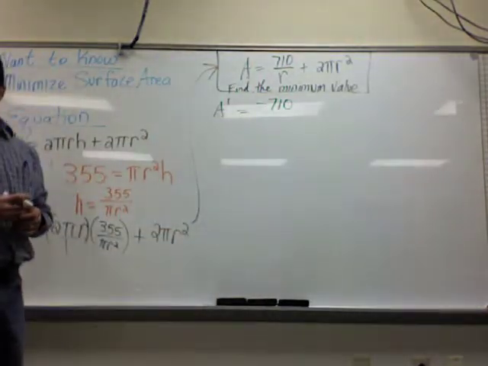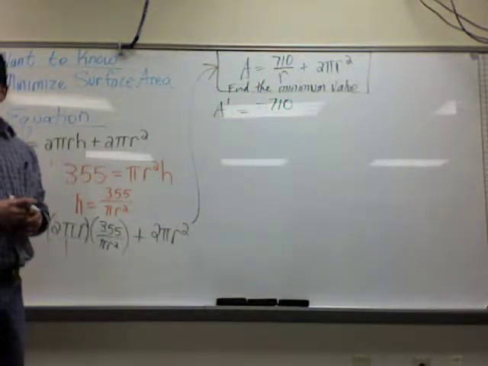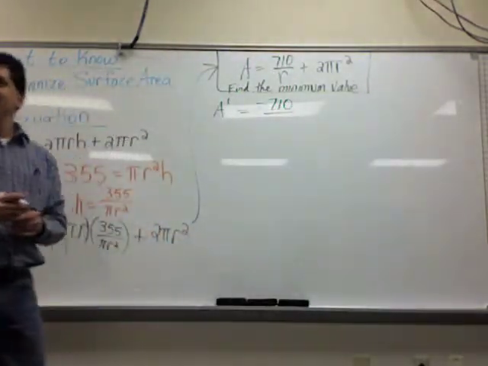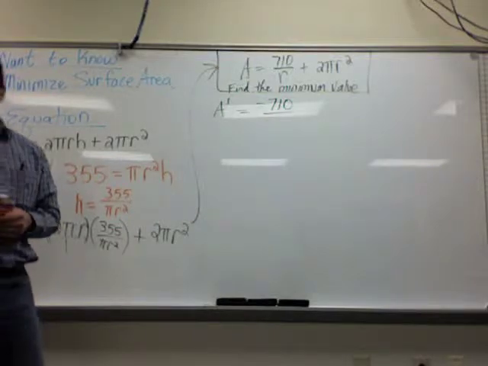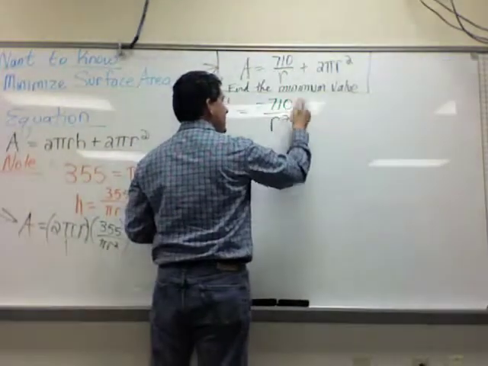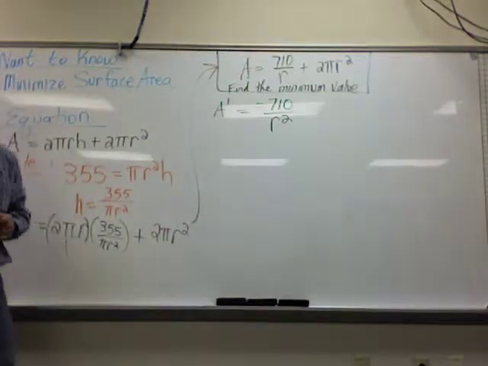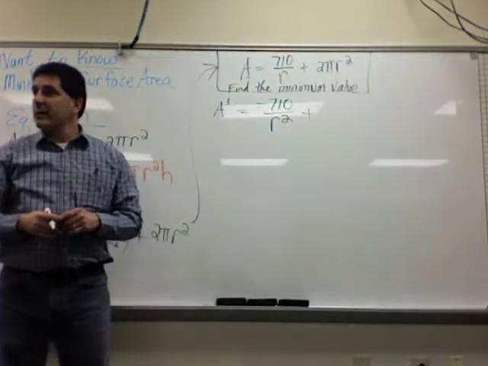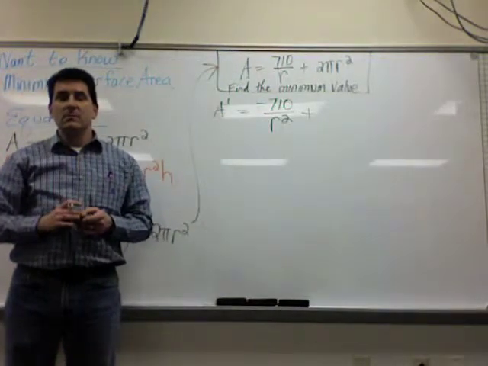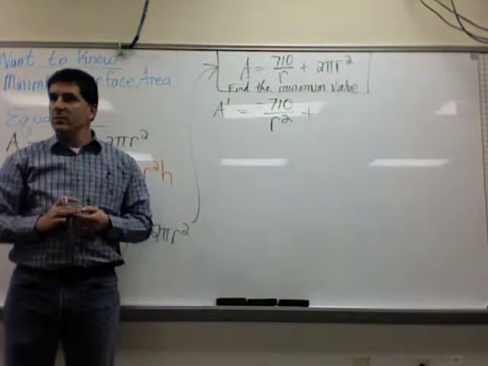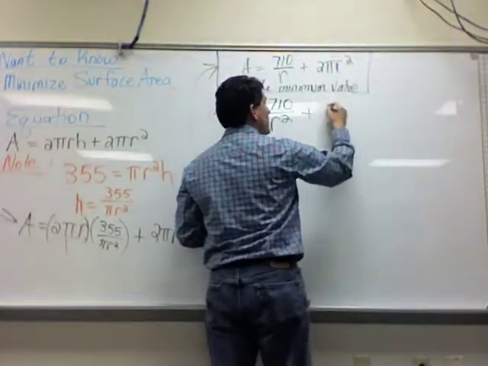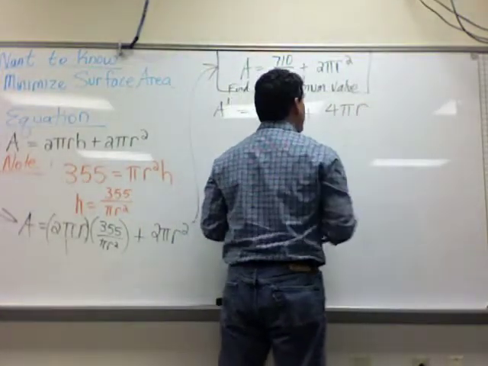So what does that give you? -710 over R squared. Okay? That's using the power rule with R to the -1. Now, over here, 2 pi R squared, the derivative of that with respect to R is 4 pi R, because we're taking 2 times 2, so that's 4 pi R to the first.